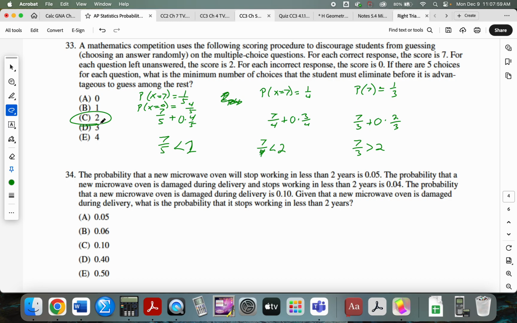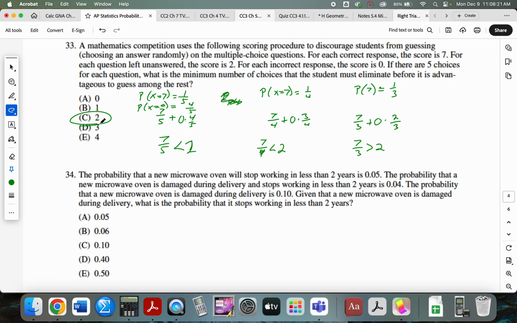Where is the 7 coming from? Why would you get 7 points if you get it right? The probability of getting one right if you have all 5 answer choices is 1/5.